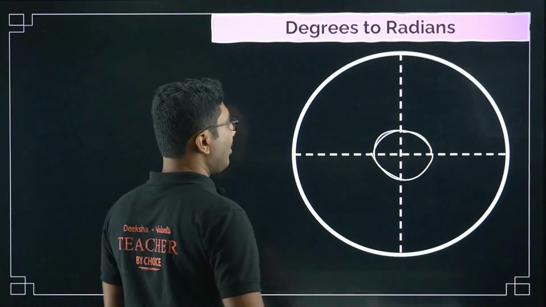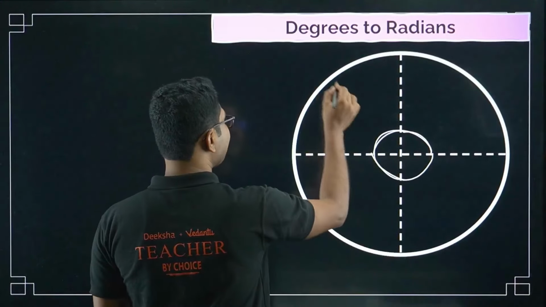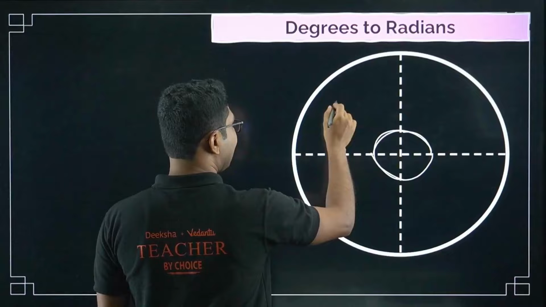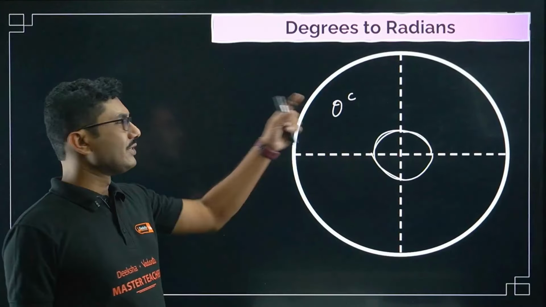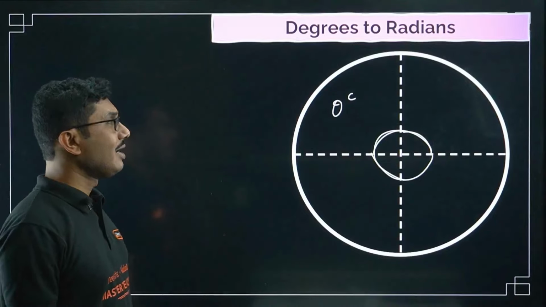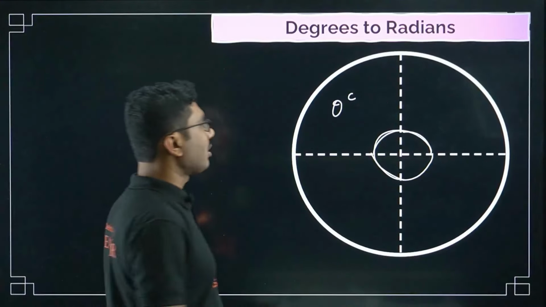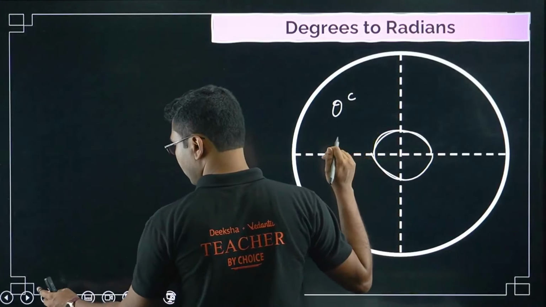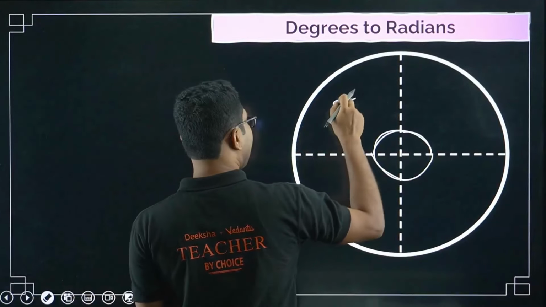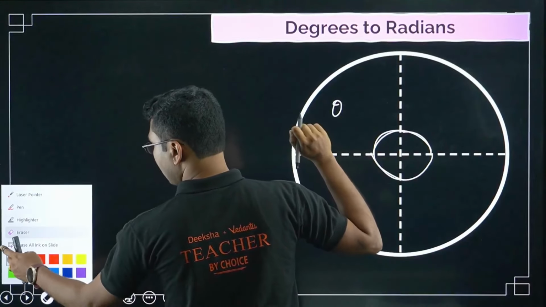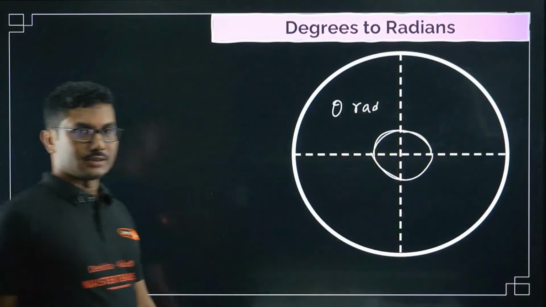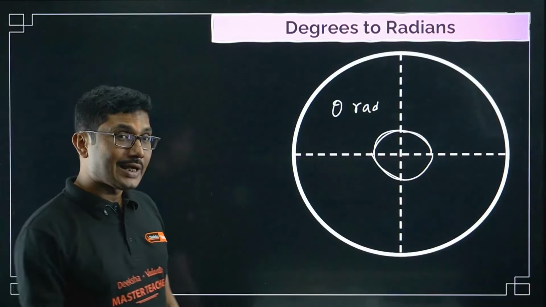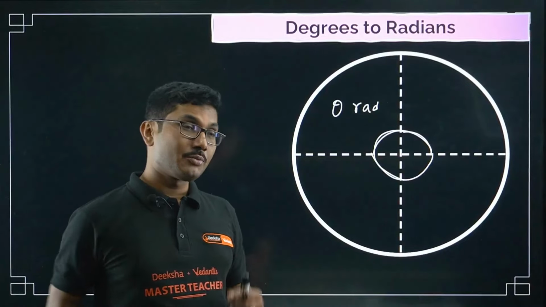Radian scale is sometimes denoted by an angle with power c, or more commonly we write it as theta rad. Rad means radian. Radian per second, you have used that, right? Radians per second in rotational motion.